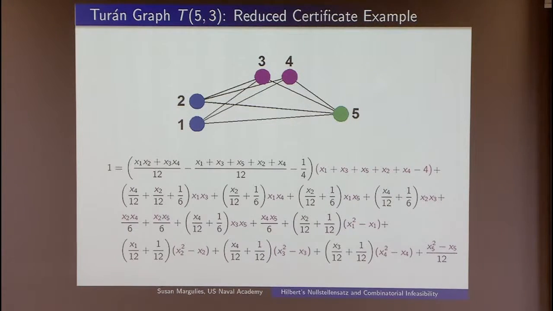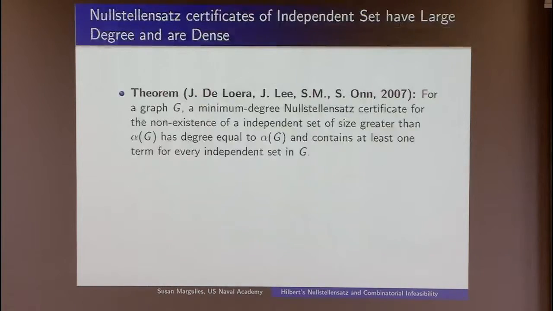So what you can see by looking at this certificate is that the degree of the certificate is equivalent to the size of the largest independent set, and that there's one monomial for each of the independent sets. So what we see here in the Nullstellensatz certificate is the full count of all the independent sets. And we have a theorem, of course, which says that the degree is equal to alpha of G, which is our independence number, and it contains at least one term for every independent set.